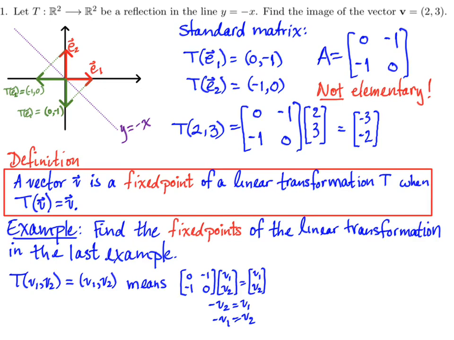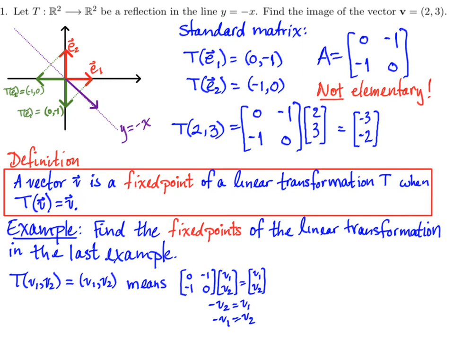And we can visually see that if a vector is sitting on that line, let me draw a vector on that line. Let's make it purple.